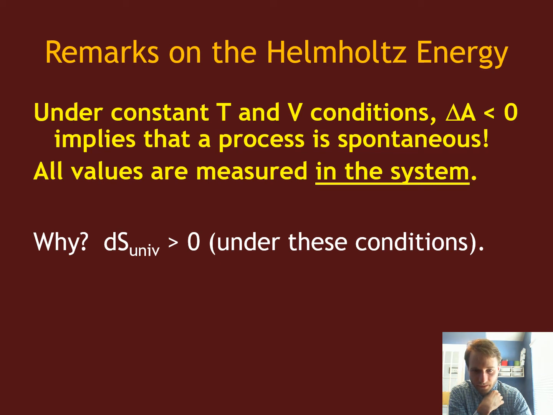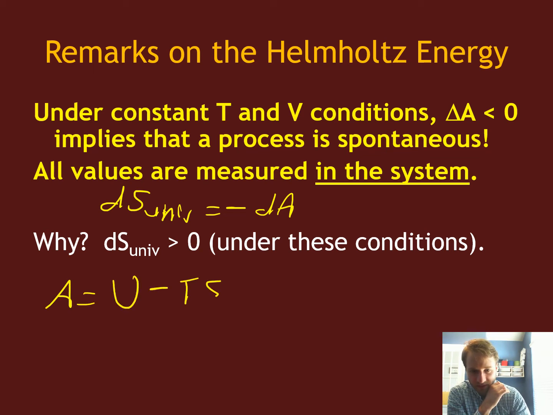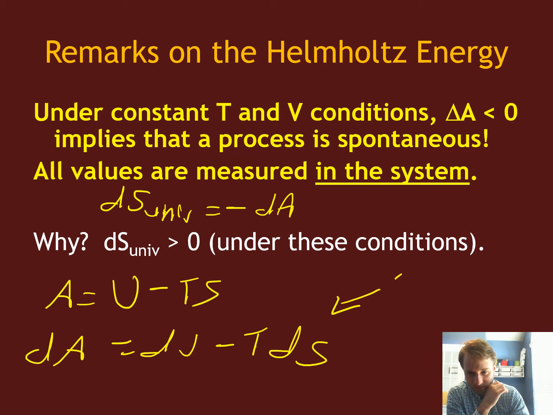That's because under constant volume and temperature conditions, dS universe equals minus dA over T. Again, A is defined as U minus TS, so dA is going to equal dU minus T dS for constant volume and temperature, since constant temperature means that T is just a constant. And this is our definition of the Helmholtz energy.